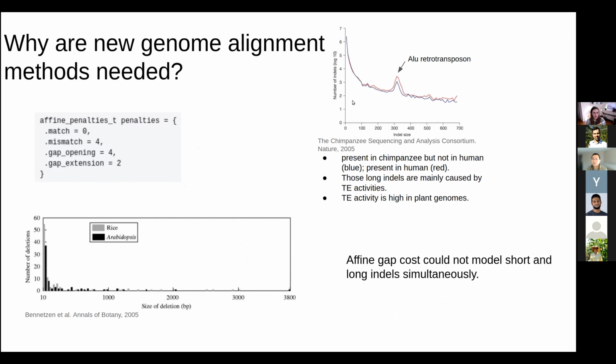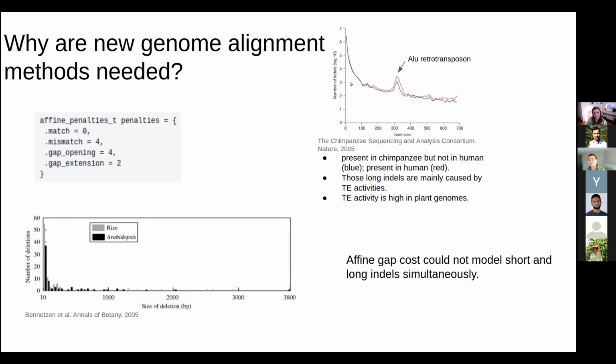And if we check the indel length distribution between human and chimpanzee, we find that some long indels also have a high frequency. These long indels generally result from the presence or absence of transposable elements, and the short indels come from a lot of different kinds of mutations. So long indels and short indels result from different mutation mechanisms.